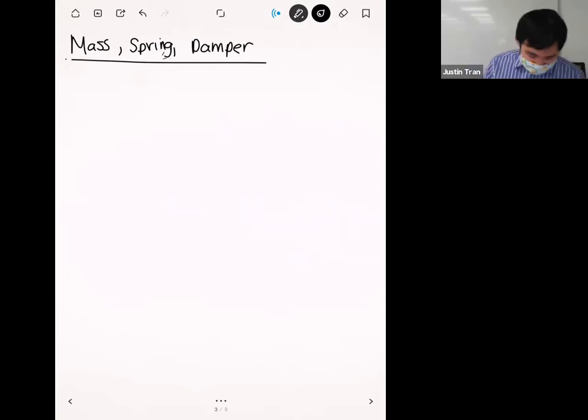All right. And so this mass spring damper, I consider to be probably the simplest dynamical situation that you can have that accounts for all the major behaviors.